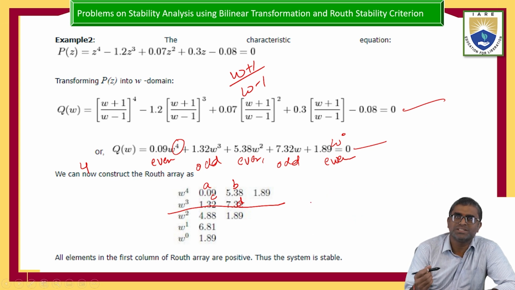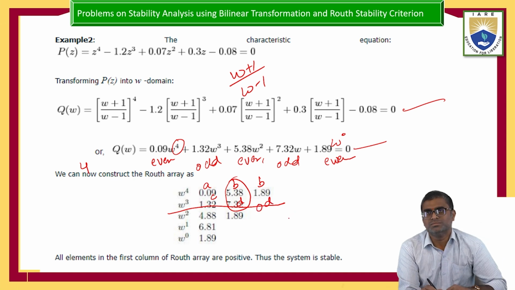Next, coming to the next value. Take B and D, where the next value is 0.